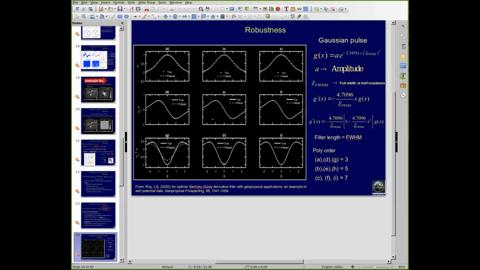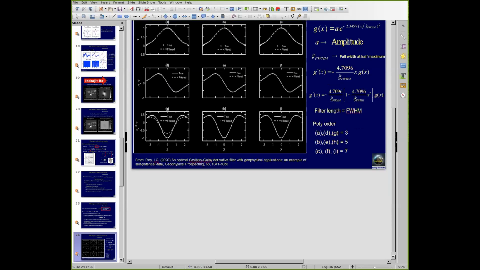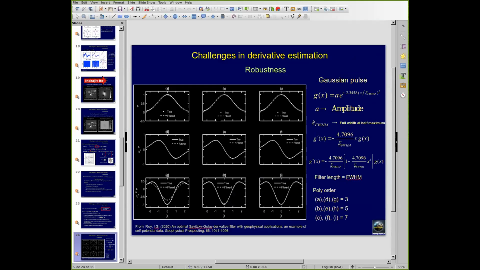So we find out with this filter length, with polynomial order, say, 3, these are the situations, first order and second order. With polynomial order 5, the first order and second order, see the things are improving. And with 7th order the result is much better.